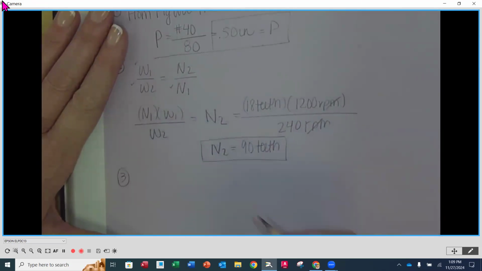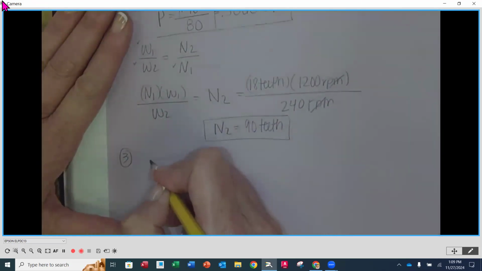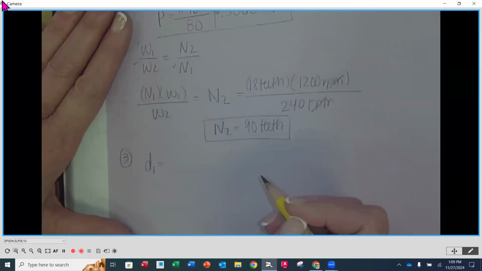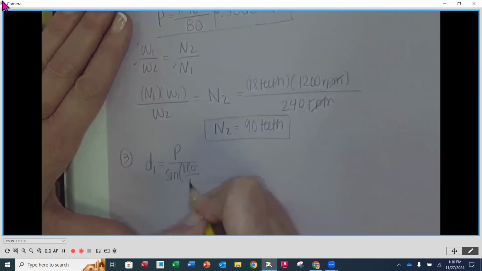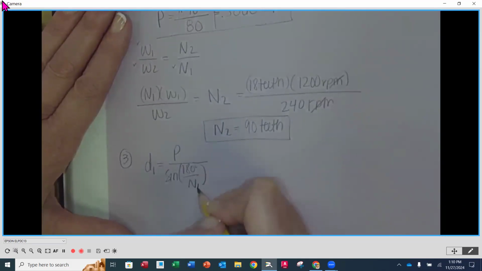So step number 3, we're going to do these pitch diameters. So let's do pitch diameter number 1. Going to be equal to the pitch divided by sine of 180 divided by the number of teeth. And this would be number 1, the number of teeth in that smaller sprocket.